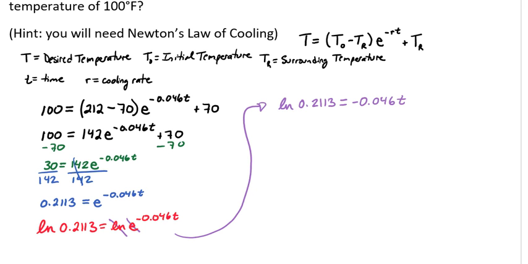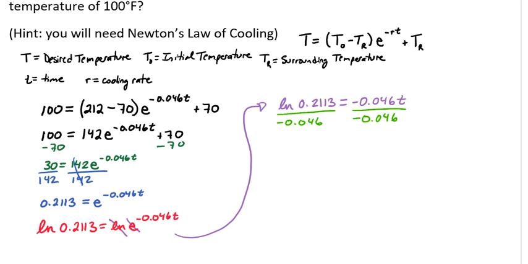which gives us the natural log of 0.2113 equals negative 0.046t. From here, we're trying to get the t by itself.